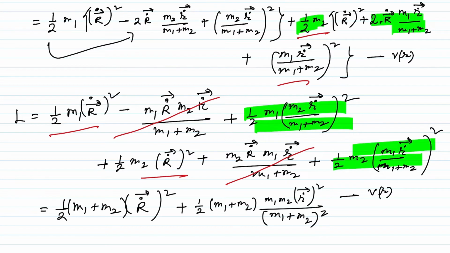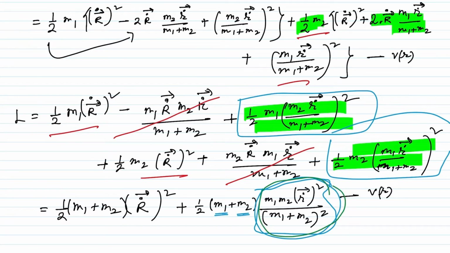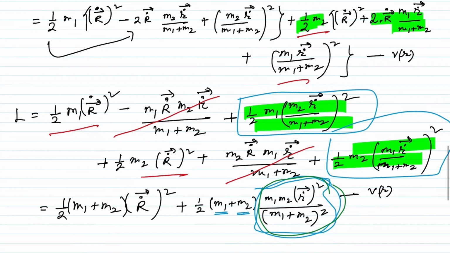So here this part is taken common, and within the bracket we have left m1 plus m2. From these two terms we have taken this part common. So hope you have understood this. It is a very simple simplification.